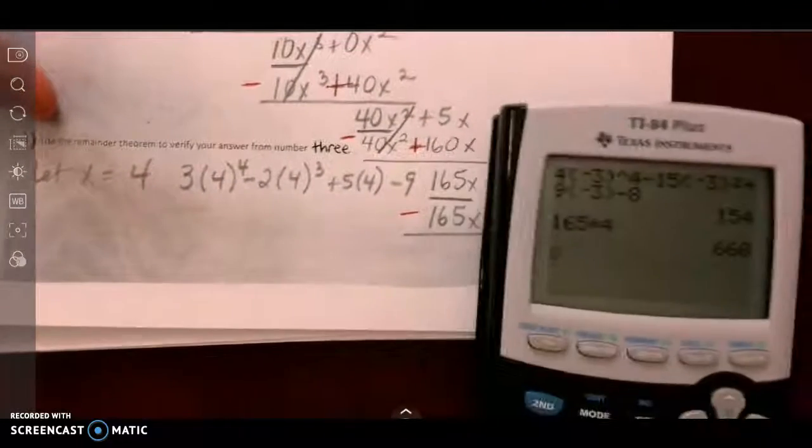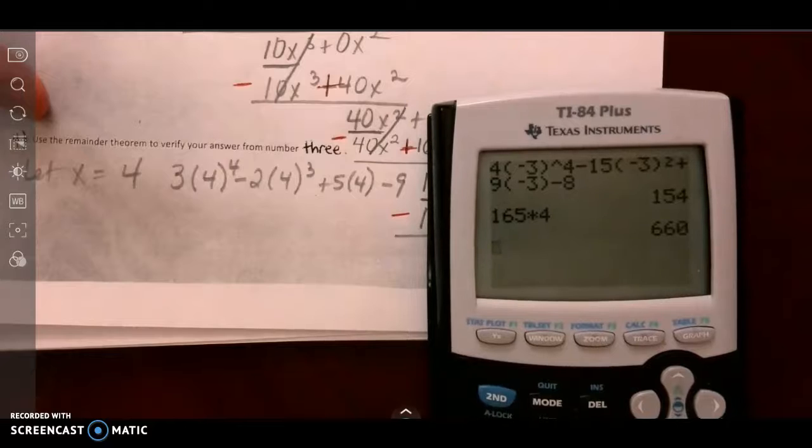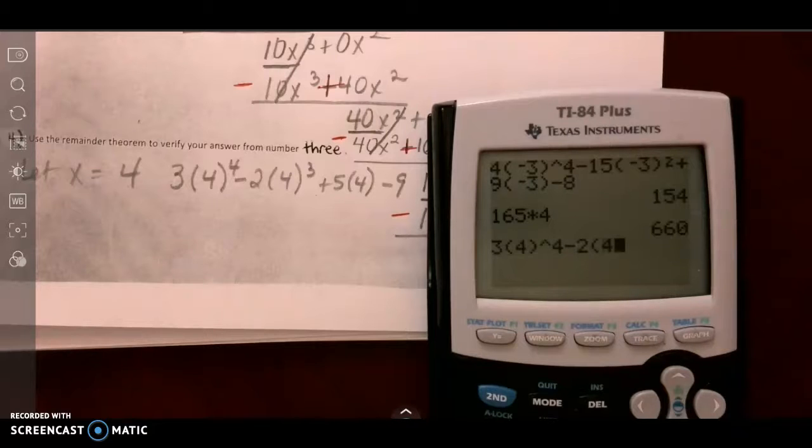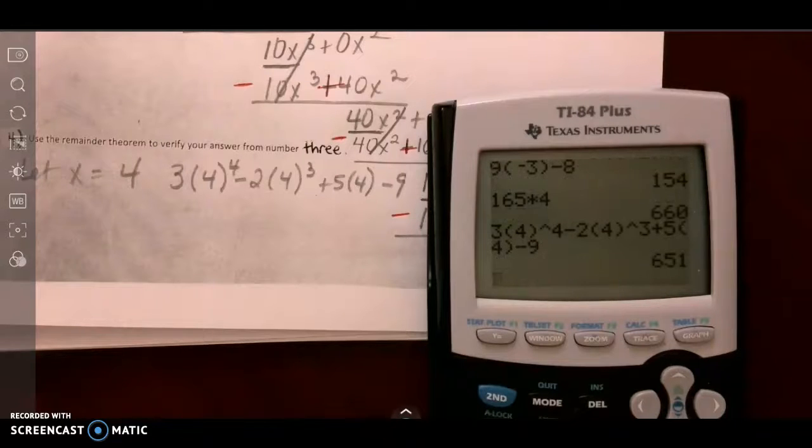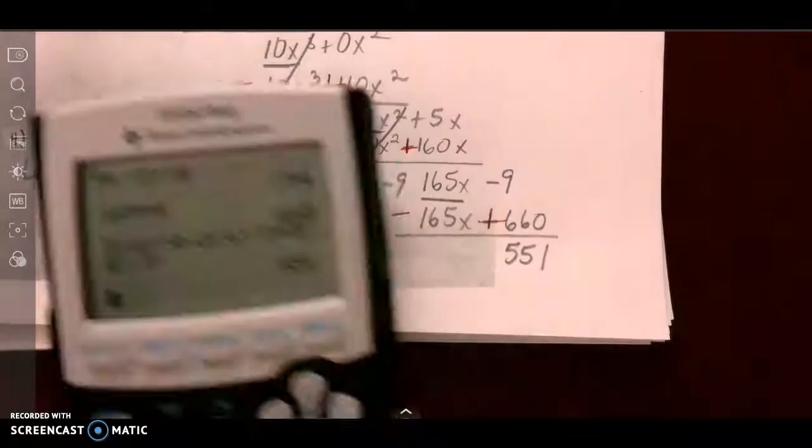So what I want to do is see if that's correct. 3 times 4 to the fourth minus 2 times 4 to the third plus 5 times 4 minus 9, 651. Oh, it was 651.